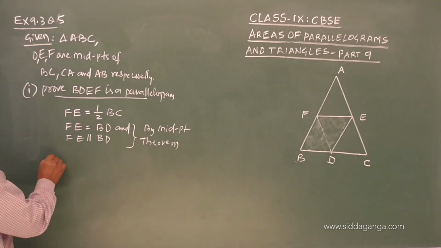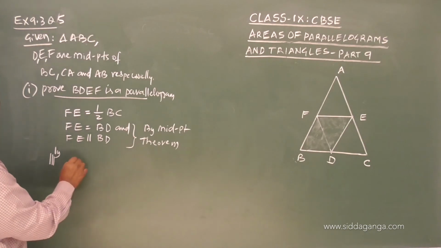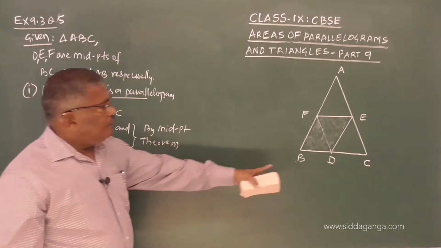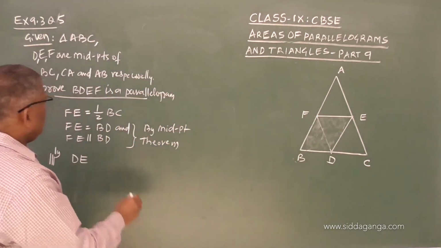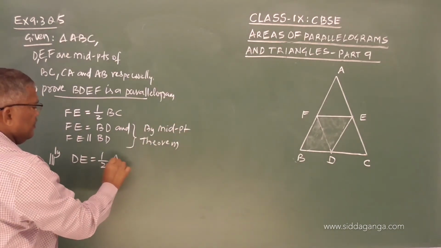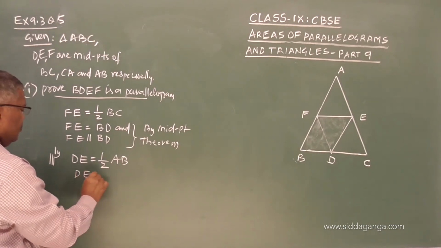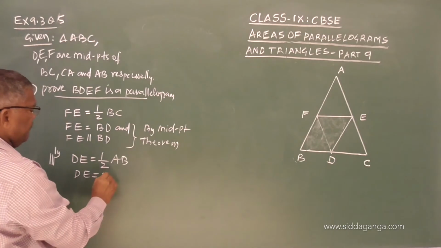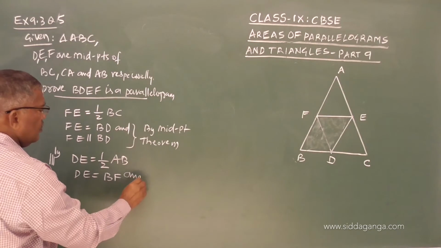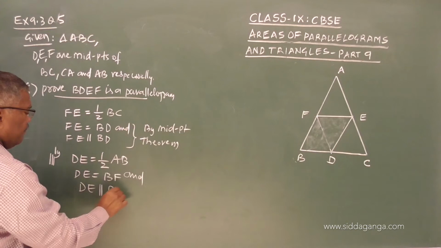Now similarly, D and E both being midpoints, DE is equal to half of AB, which is BF, and also DE is parallel to BF.